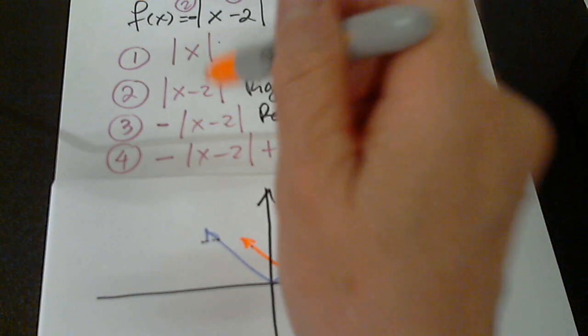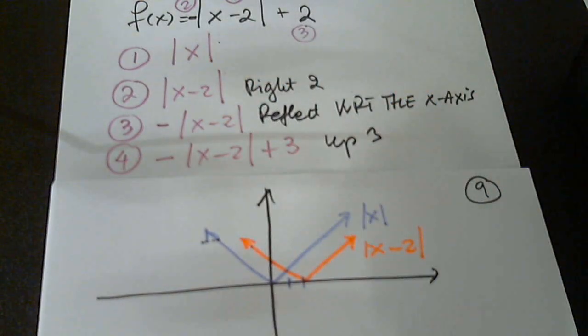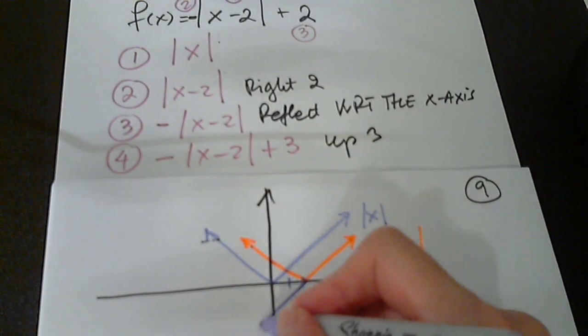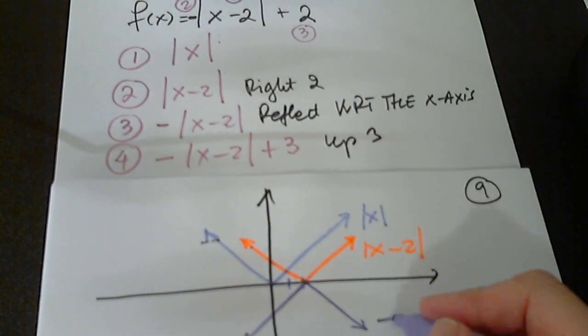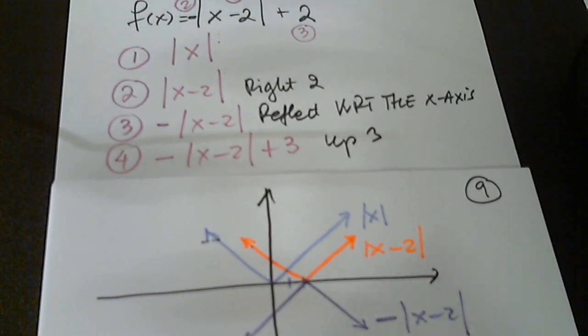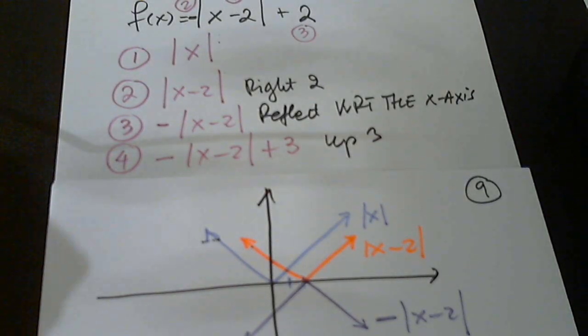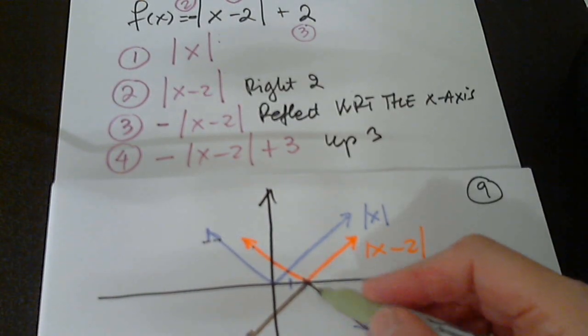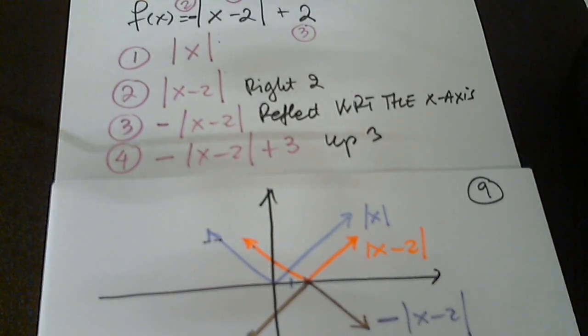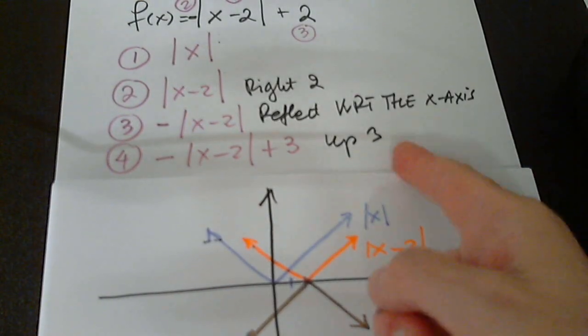Then you told me to reflect this function with respect to the x-axis. Excellent. I'm reflecting it. I reflected it. Maybe this is not a good color. Let me use green. Okay. Then you said, move this up 3.